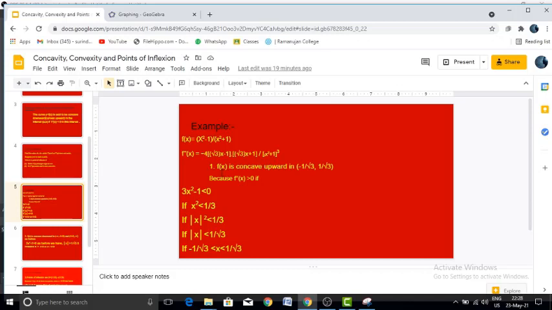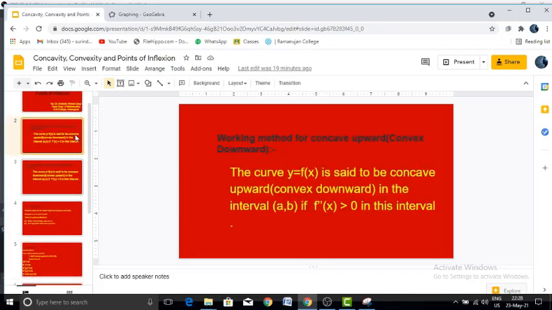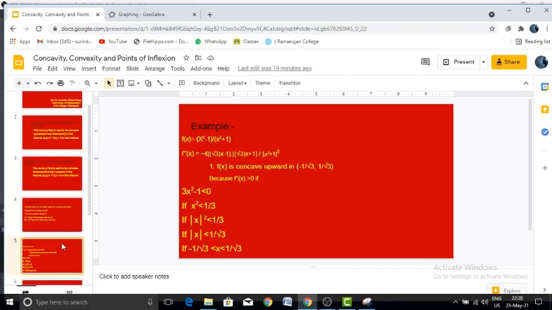Now for concave upward, the double derivative must be positive, as discussed in the previous slide. f(x) is concave upward for double derivative positive. Now here a minus sign is already there in the double derivative. So for concave upward, the multiplication of these two factors must be less than 0, because the denominator is always positive as it is (x square plus 1) whole raised to power 3.